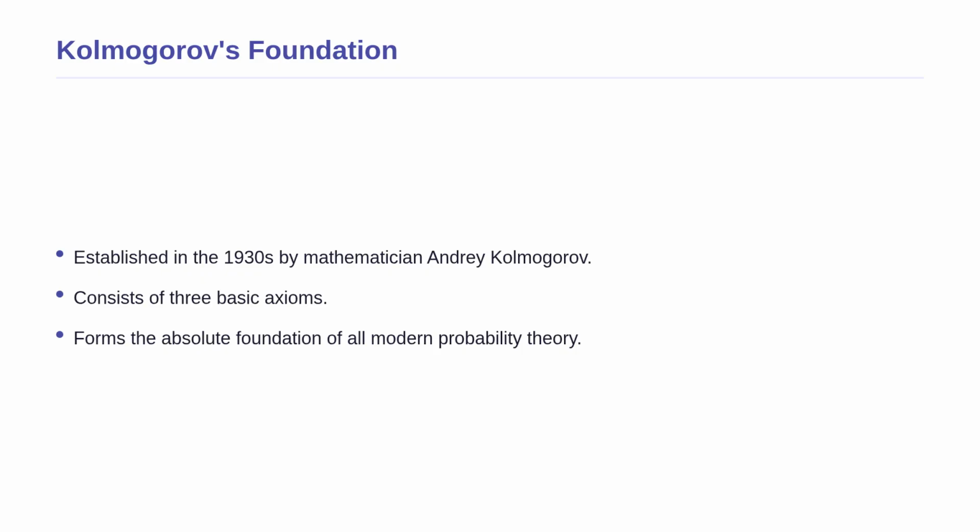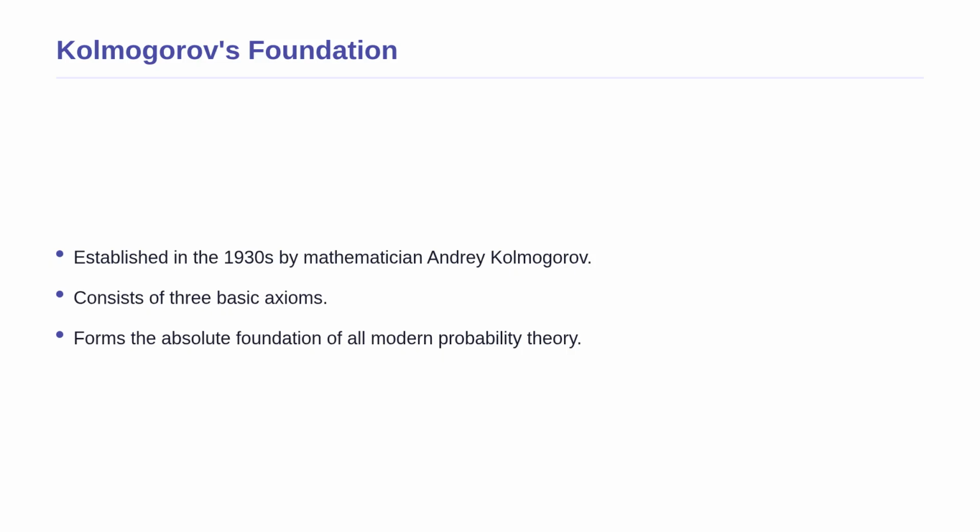Now that we know our basic terms, let us meet the rules themselves. In the 1930s, a brilliant mathematician named Andrei Kolmogorov established 3 basic axioms. These 3 simple rules form the absolute foundation of all modern probability theory.